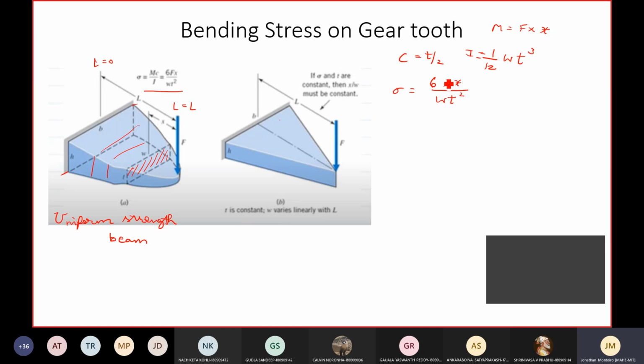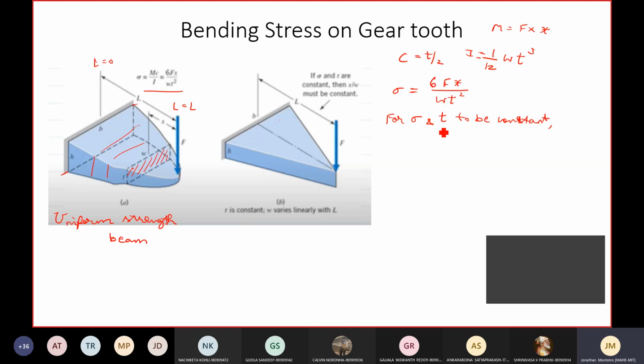Now for a uniform strength of beam, that means for sigma, suppose you keep sigma and T to be constant. We are keeping two things constant now. We want sigma to be constant, we want T to be constant.